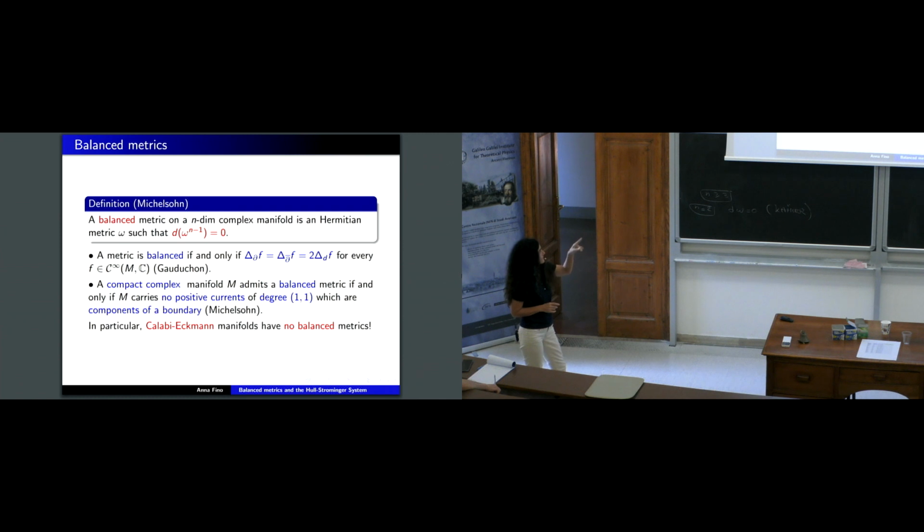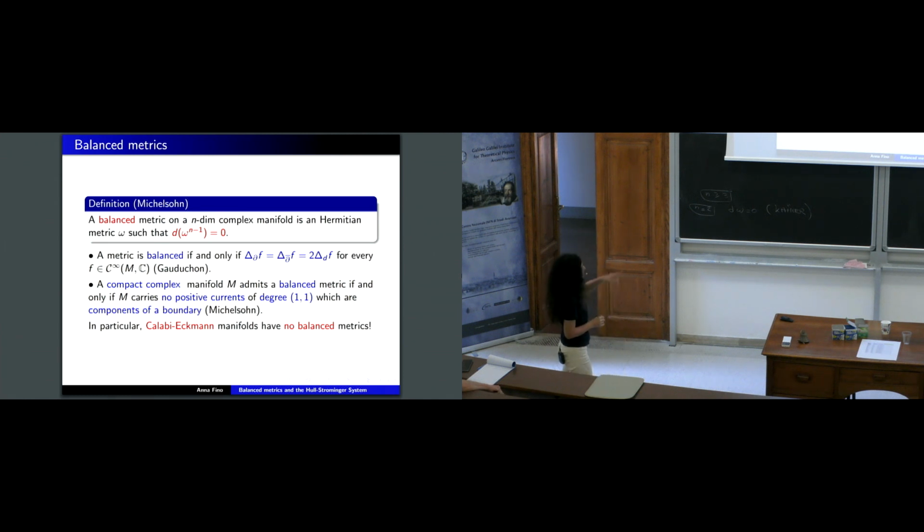Essentially, the condition for a complex manifold to have a balanced metric is in terms of currents. We use a duality with differential forms with compact support. So it makes sense to talk about degree (1,1) and also about positivity for currents, in terms of the forms by duality.